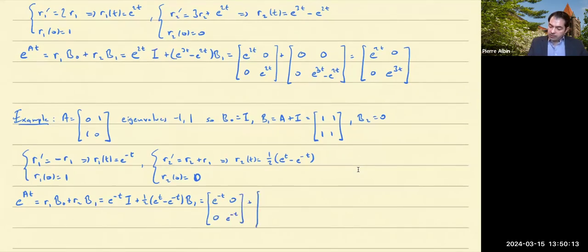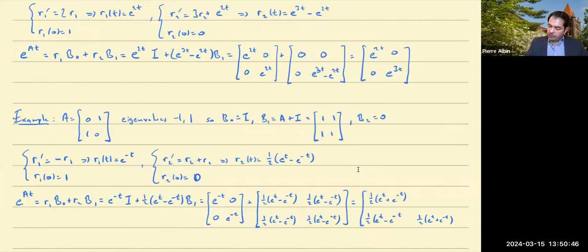And then the second term just has 1/2 e to the t minus e to the minus t in all 4 spots. And so if I add these together, it's just going to shift the terms on the diagonal, become 1/2 e to the t plus e to the minus t. And the off-diagonal terms remain 1/2 e to the t minus e to the minus t. Right? Just like we got last time.